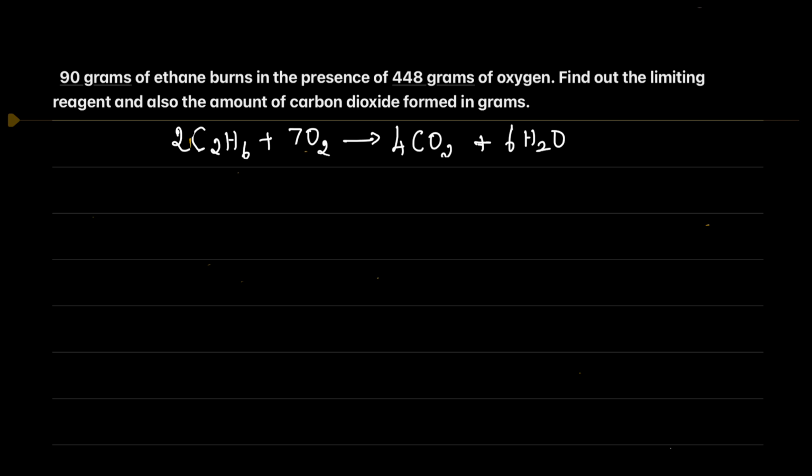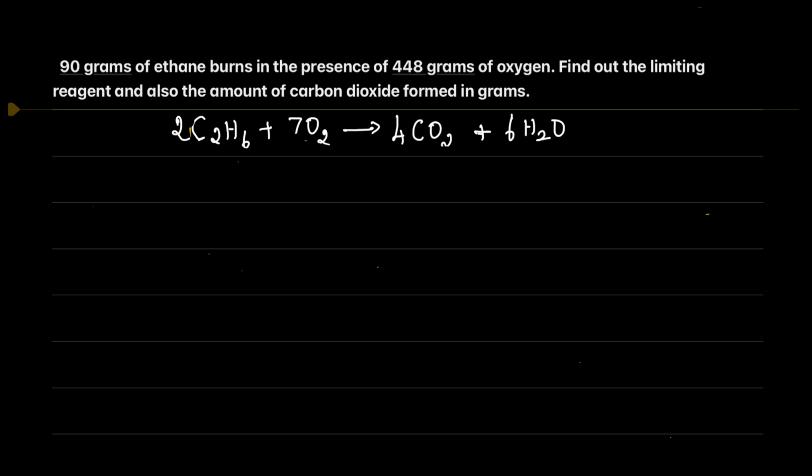Then let us follow the stoichiometric process of calculation. In this, the first step is finding out the number of moles. Since we are starting with ethane, that has to be written first. It is 90 grams ethane. This is to be converted into moles.